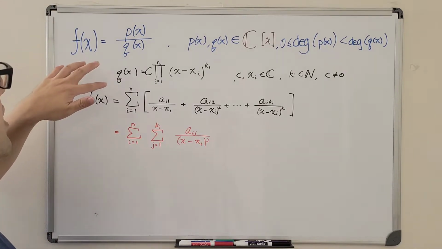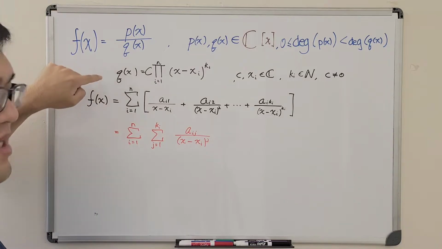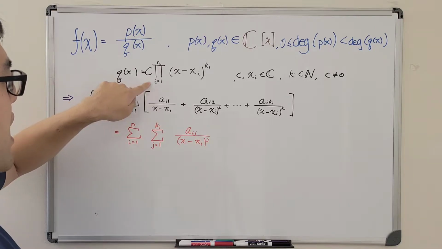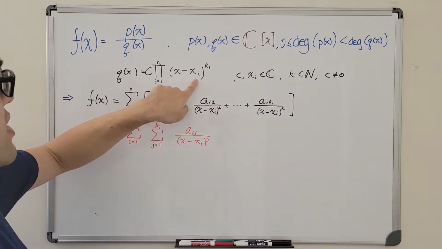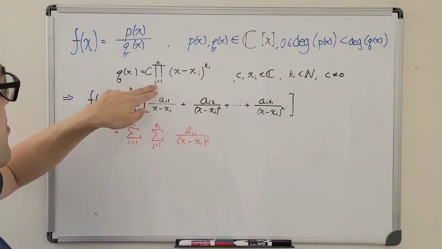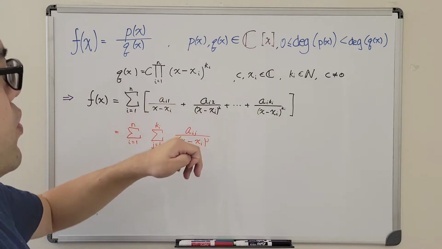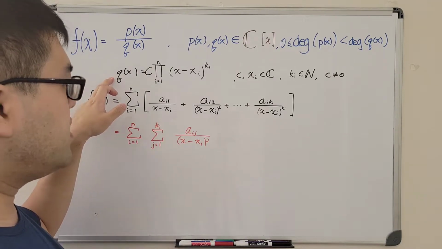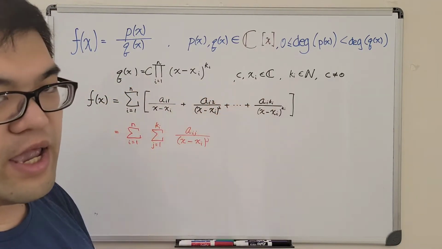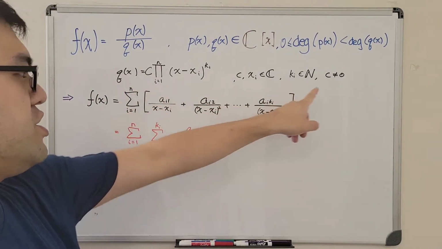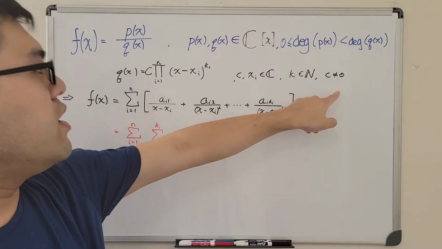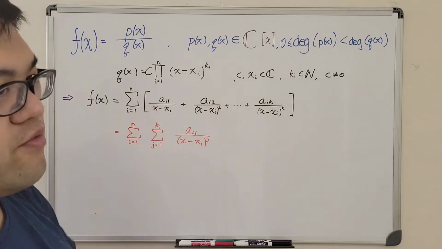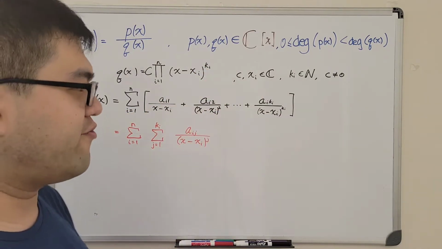Then suppose we somehow know the factorization of the denominator q of x in the form c times the product of x minus x_i to the k_i power for i from 1 to n, where the x_i are the roots of the polynomial q of x, and c and x_i are any complex numbers with the condition that c is not 0, of course, and also k_i is any natural number, so that we make sure the exponent is always positive.